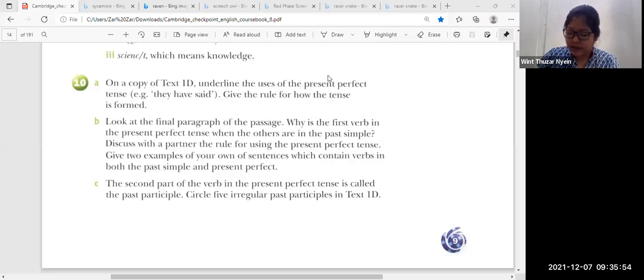Why is it present perfect tense? How do you think?